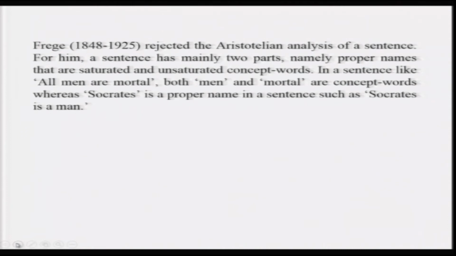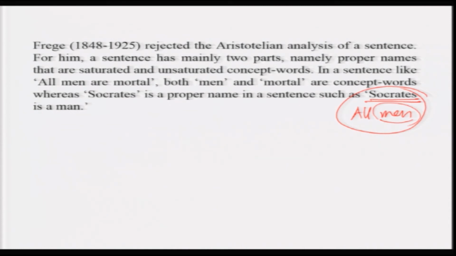So, the very effort that equated all men and Socrates would then be wrong. Why? Because Socrates is saturated. We will study the very idea of saturation in the second or third session maybe. But here you already find an unsaturated thing, that is man.